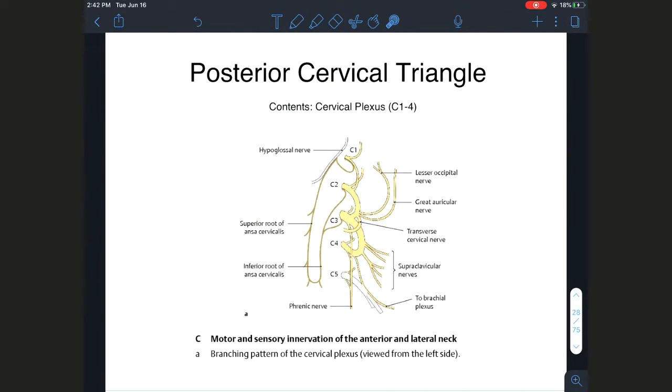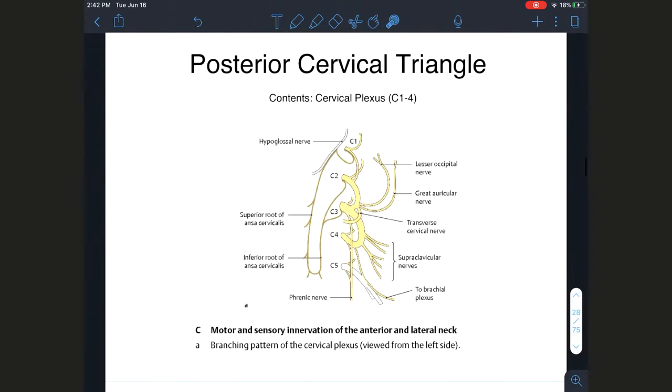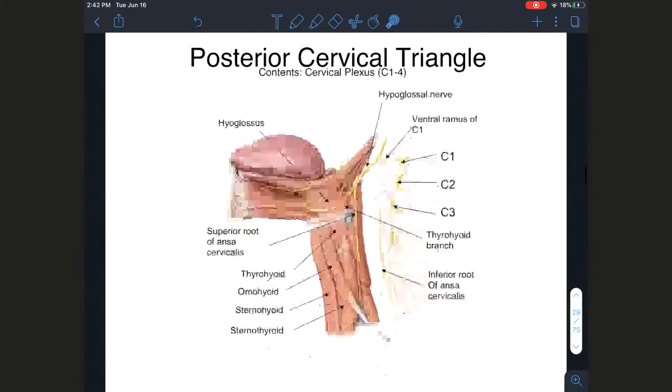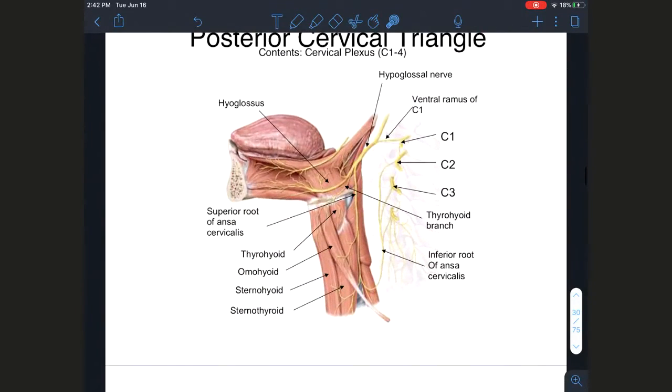Okay, there we go. So you can't really see it in this picture, but in another picture you can see that the ansa cervicalis is going to run down with the external jugular.